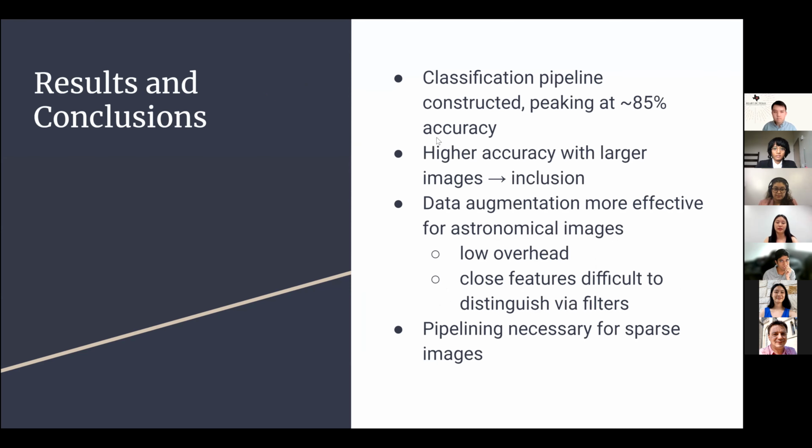All right, and so from here, in terms of how we've accomplished our research goal, we set out to make this pipeline, and we found one that approximates with appreciable accuracy, about 85% for very large images. Although we initially believed that it was because of very zoomed in images being misclassified as false negatives, we now believe that we have higher accuracy with larger images because of inclusion: if you have a larger image with more H2 regions, you're more likely to accurately classify it as having an H2 region.